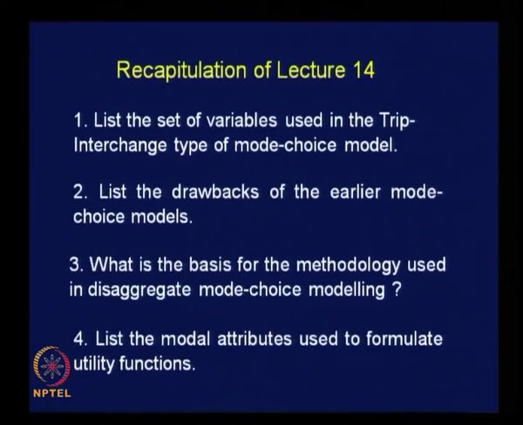The last question: list the modal attributes used to formulate utility functions. We have seen utility functions for a set of 3 modes in the previous class. What were the attributes used to develop the utility function? Attributes are nothing but modal characteristics which are considered as causal variables in the mode choice process.